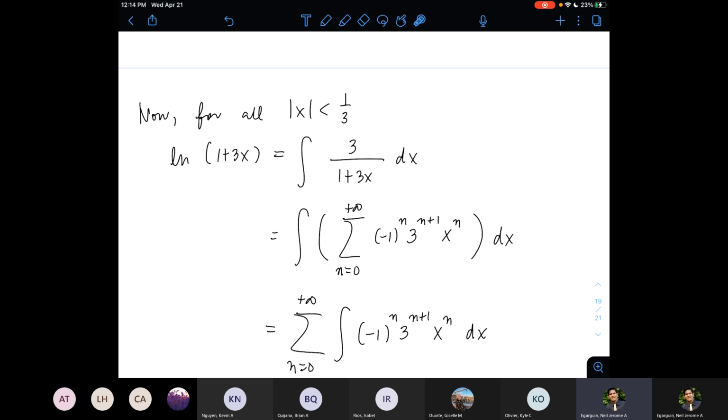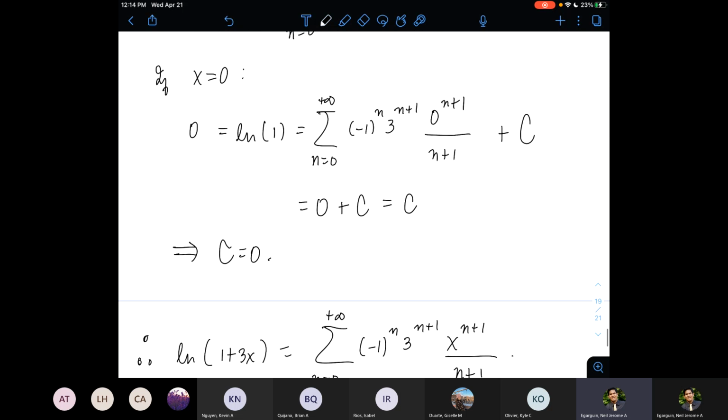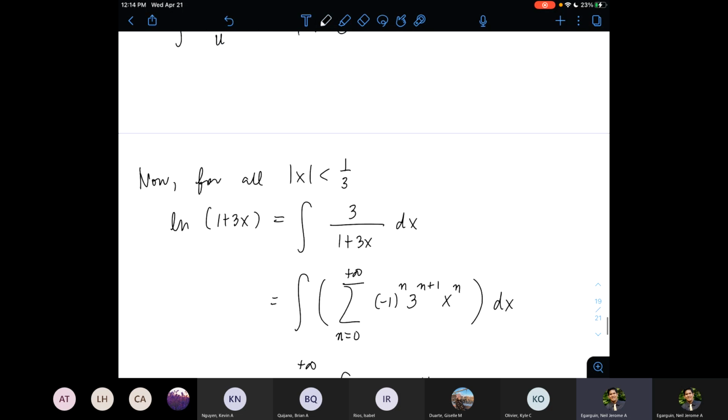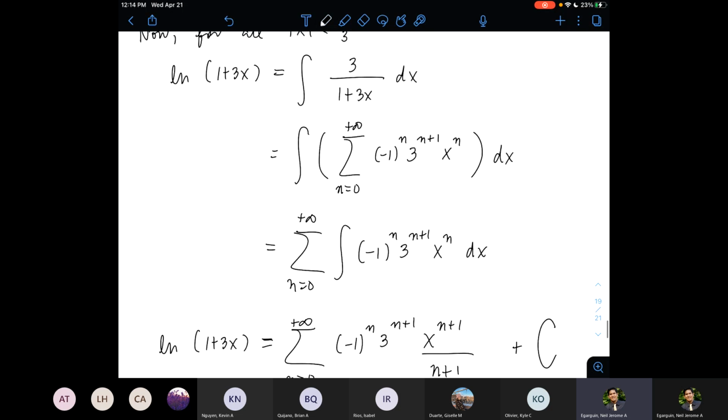Now you can do this not only for integrals, but for derivatives as well. So for instance, we are asked to find the series expansion for h of x equals what? Let me see.